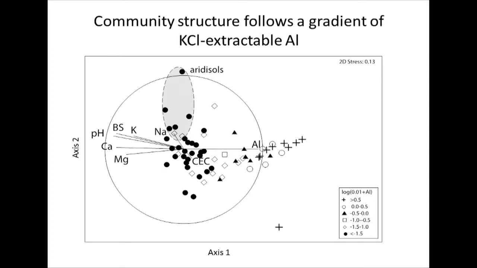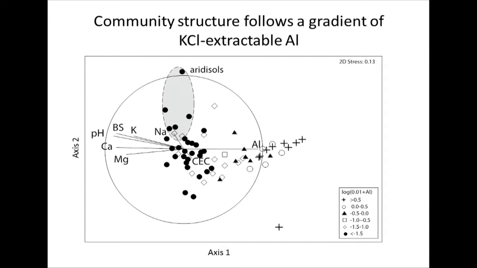Okay, so for the same samples, we developed molecular fingerprints, and we used a weighted UniFrac and NMS to develop this graphical representation of the community structure. I also took each sample and binned them according to the aluminum concentration.